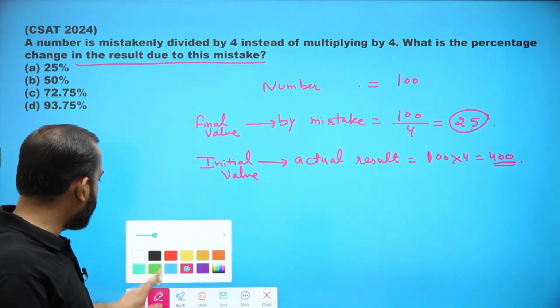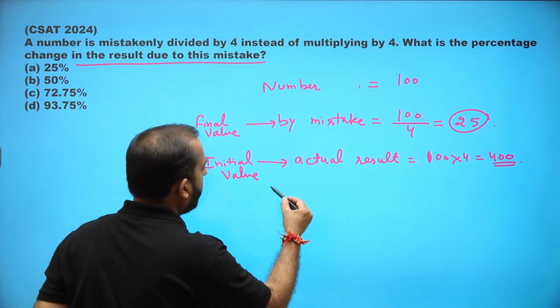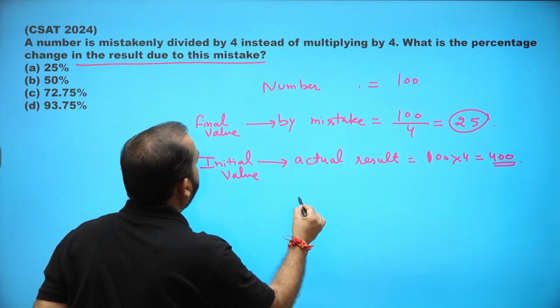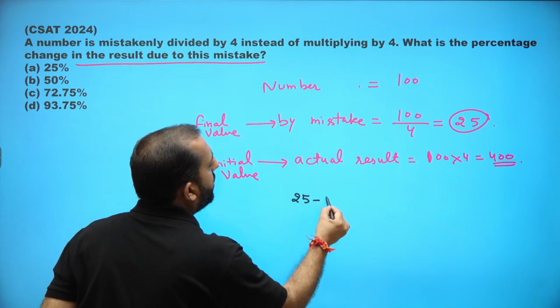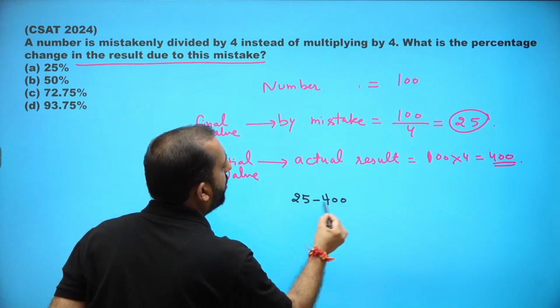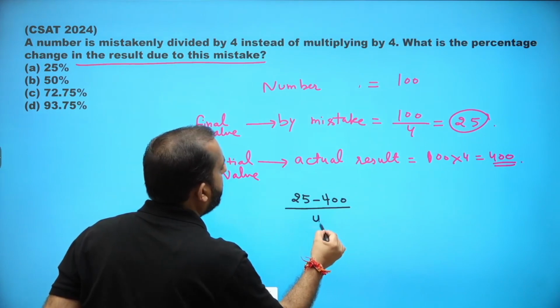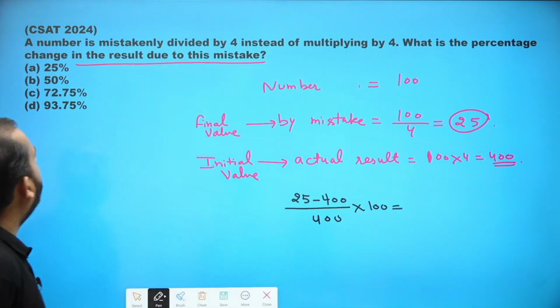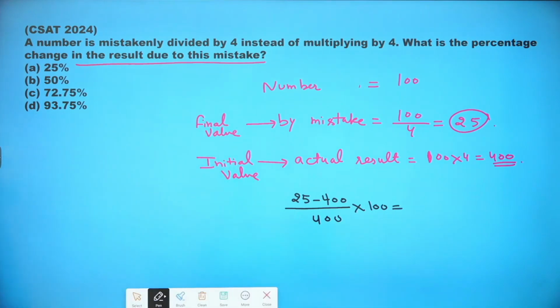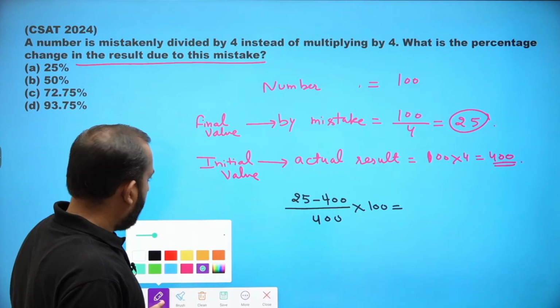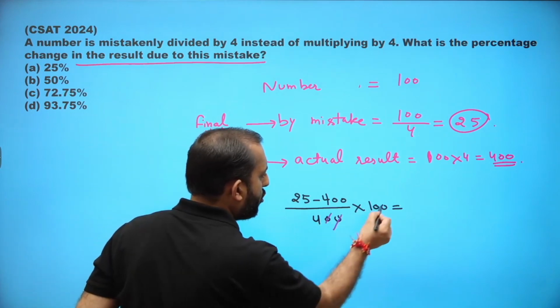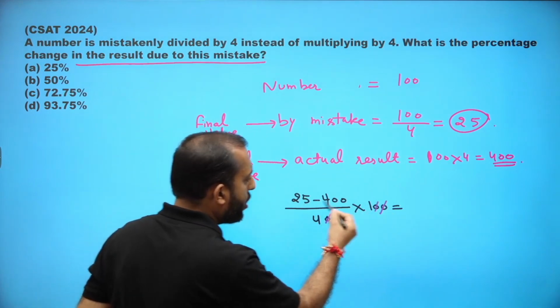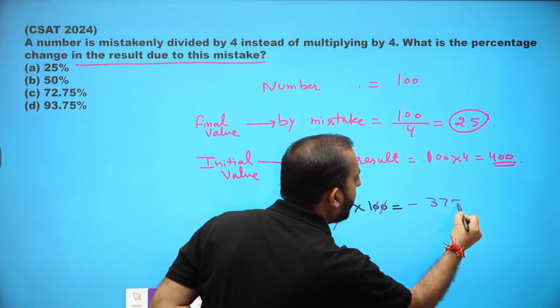Now how to solve this? So I've told you, final value minus initial value upon initial value into 100 is what we are looking for. Okay, now let's solve this. So the zeros cancel, and it comes out to be equal to negative 375 upon 4.